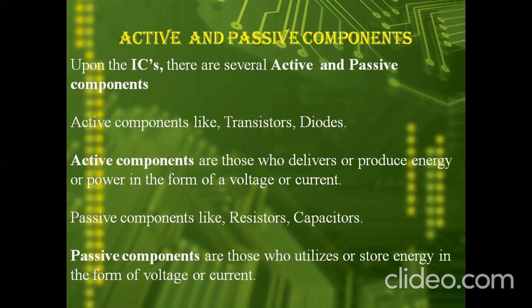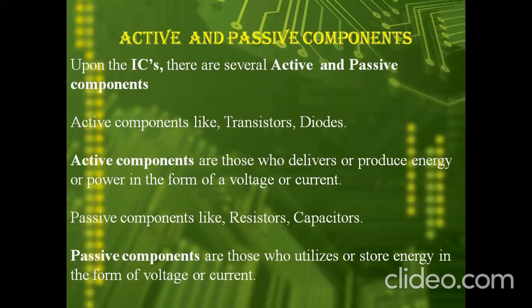Active components deliver or produce energy or power in the form of voltage or current. Here you have to remember, the device has the capability to produce and deliver power in the form of voltage or current.